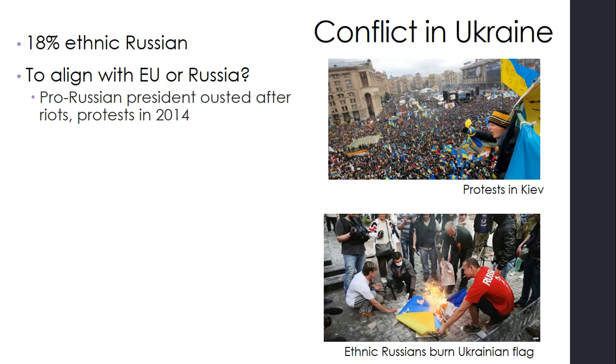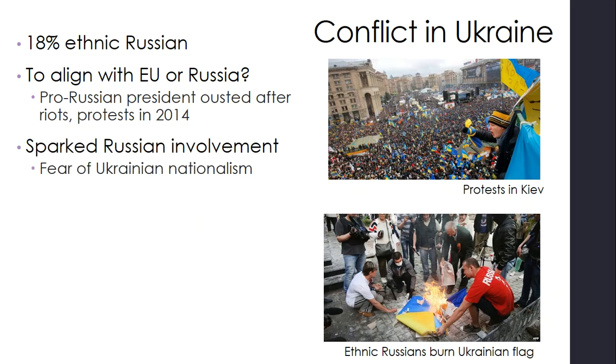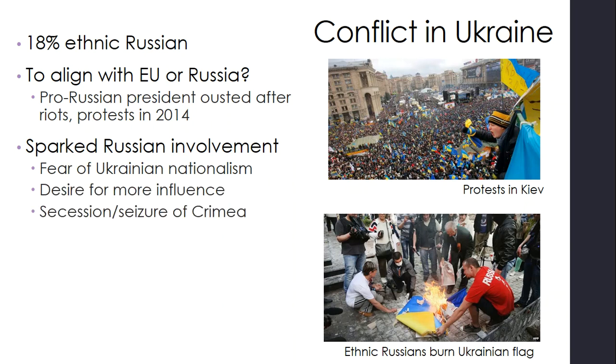You can see pictures of protests in Kiev, and then ethnic Russians burning a Ukrainian flag on the bottom. And so this kind of sparked Russian involvement, due to this fear of Ukrainian nationalism that Russians were going to be oppressed in Ukraine. And also, Russia had a great desire for more influence in the region, so they seized Crimea.